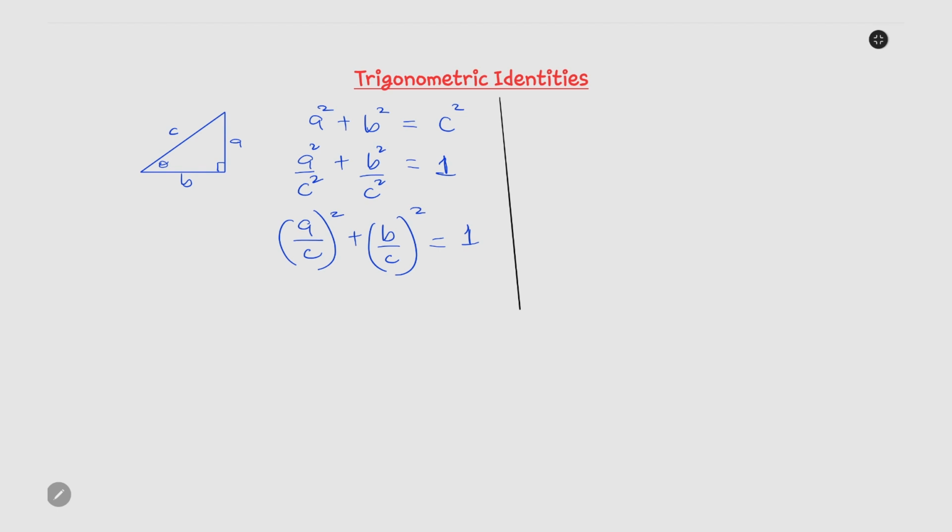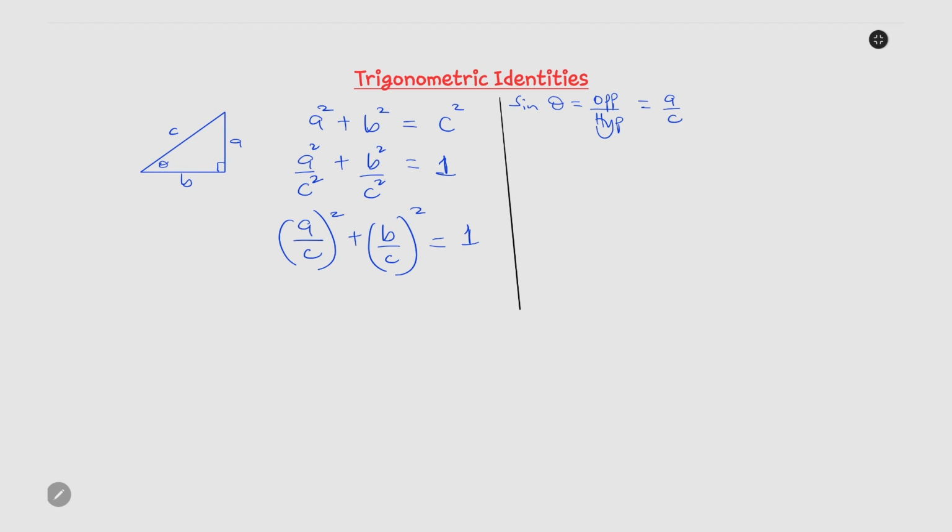If that is our theta, how do we find cos theta, or sin theta? Sin theta is given by opposite over hypotenuse, which in our case, opposite will be A, hypotenuse is C, so A over C.